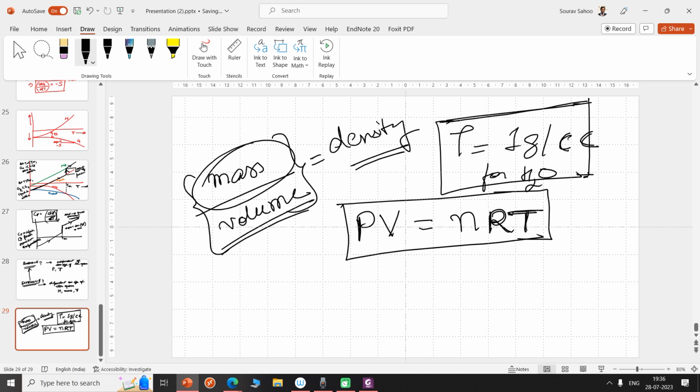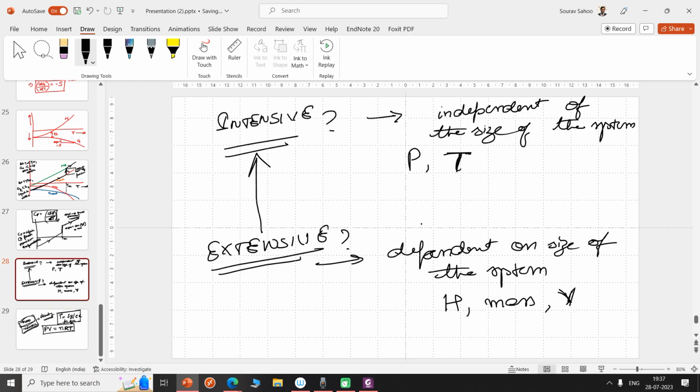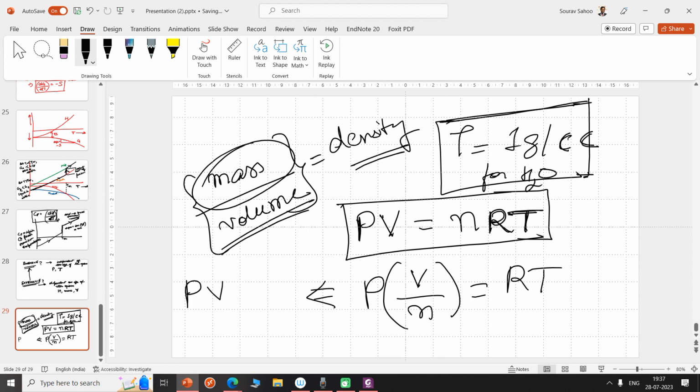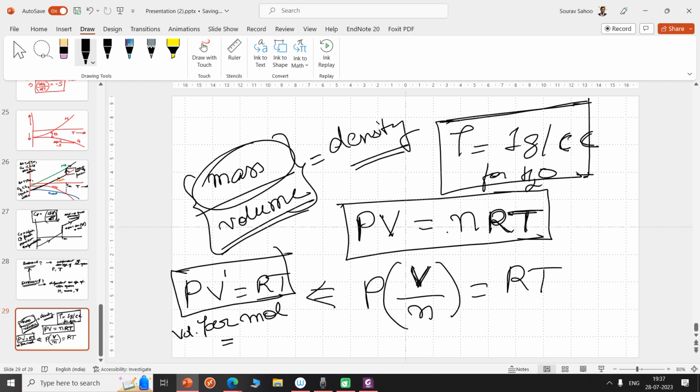In this ideal gas equation, if I just divide by n, since we have said that the volume is an extensive quantity, but if I divide the volume by n, it gives me PV' is equal to RT, where V' is the volume per mole. Since volume is an extensive quantity but we divide it by the number of moles, the volume per mole is actually an intensive quantity, or an intensive variable.